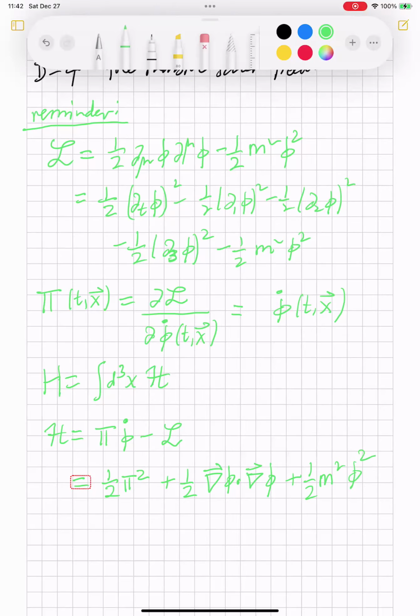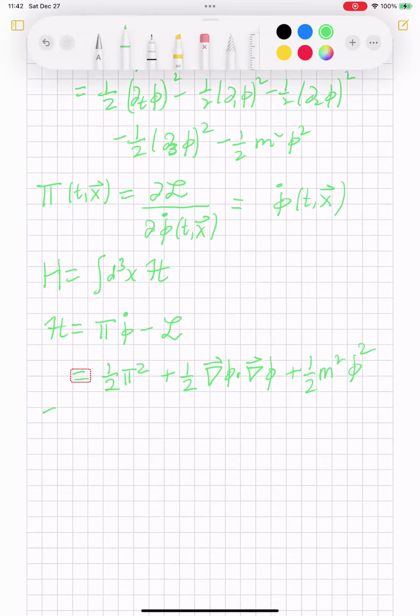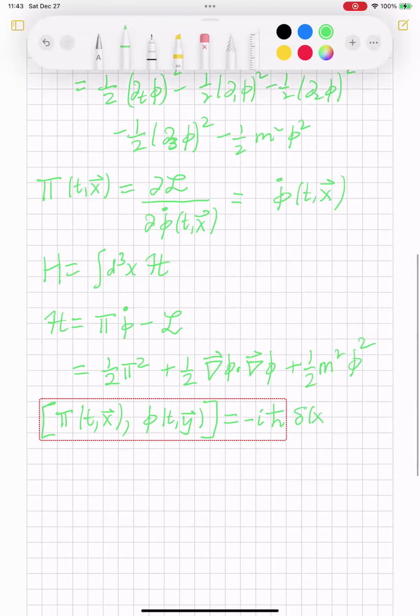And then finally, what would we do to quantize the theory? To quantize the theory, we would impose the equal time commutation relations, and this is how they read. The commutator of pi and phi, both fields taken at the same time t because we're doing an equal time quantization, is minus i h bar delta of x minus y.